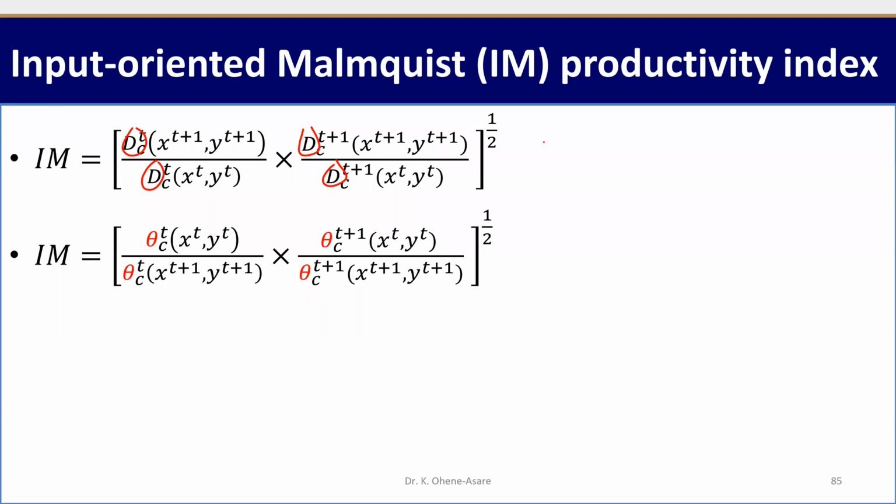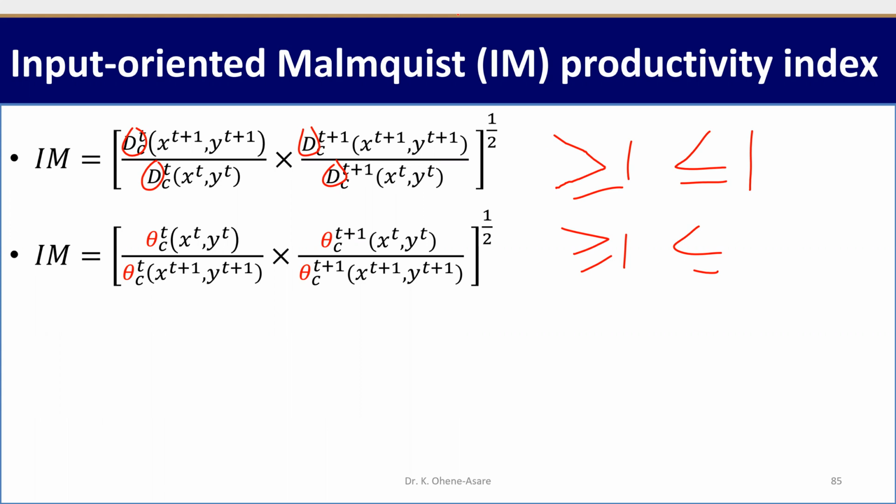Now, what will be the value for this one here? We expect the value to be what? Is it greater than 1 or less than or equal to 1? The value for the first one is greater than or equal to 1.